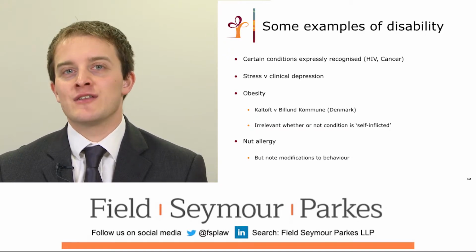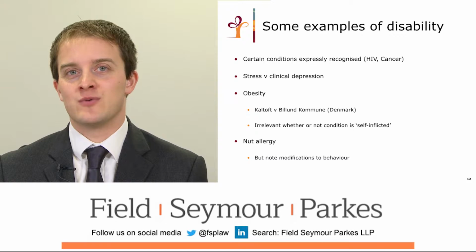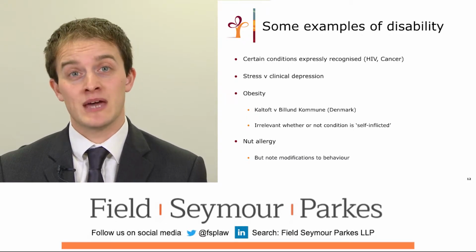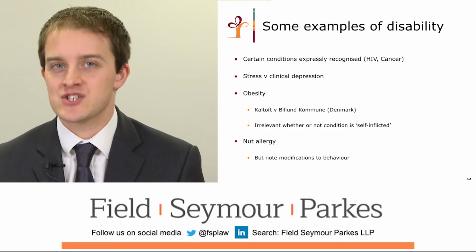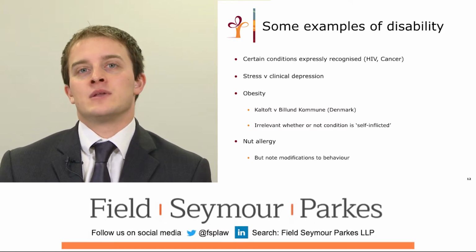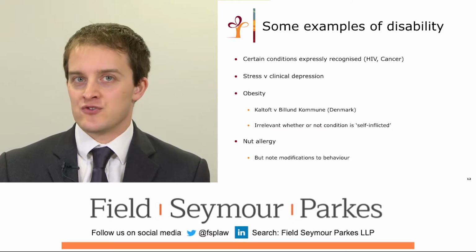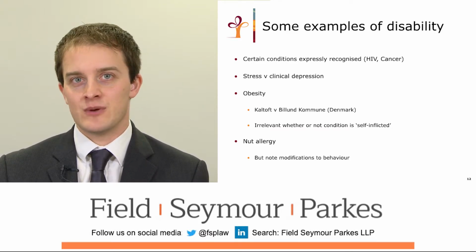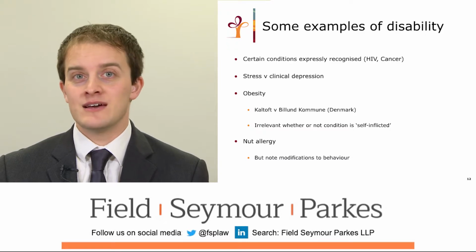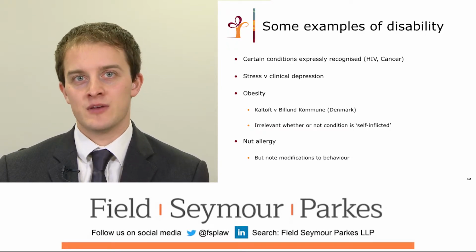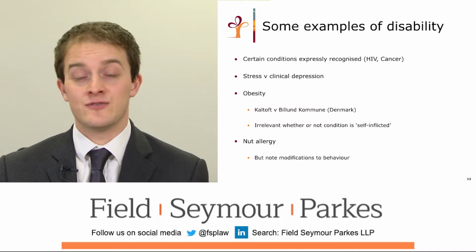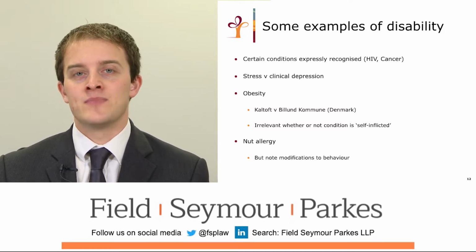That leads me on to the last point on that slide, which is talking about avoiding action, modifications to behaviour. So you could draw a distinction there between somebody who, in reality, isn't really in control of their situation, because you can't prevent other people from eating foods that you might have a severe allergic reaction to.